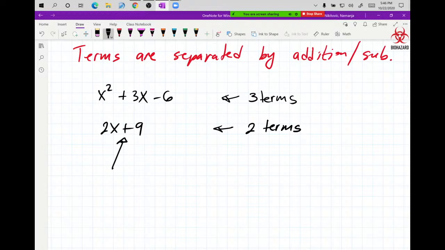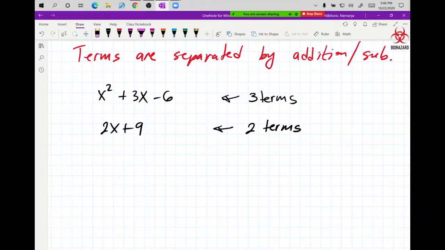So 9 is a term. We would actually give it a name later and call it a constant term because there is no variable in it, so it cannot change. Where the variable terms obviously depend on the value of the variable. That's why they are variable. They can vary, right? They can get different values.